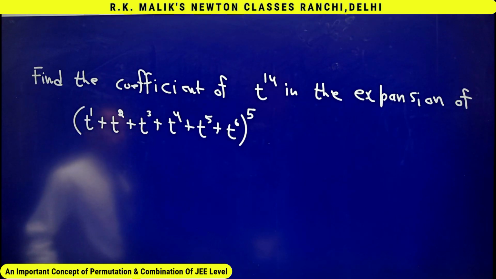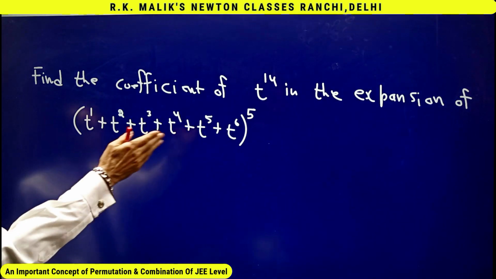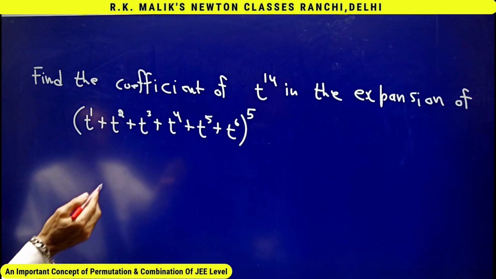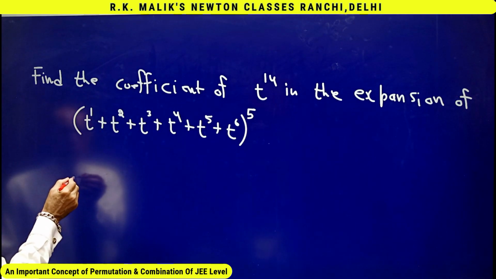For this, I will not do the normal multiplication because the normal way of multiplying is very lengthy. How to proceed further? Now see this thing. First of all, I will take t to the power 5 common.